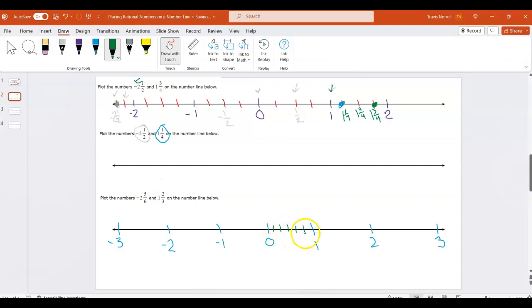And there's my 6 equal sections. 1, 2, 3, 4, 5, 6. So between 0 and 1, I have 1/6, 2/6, 3/6, 4/6, 5/6, 6/6. 6/6 would be my 1 whole.